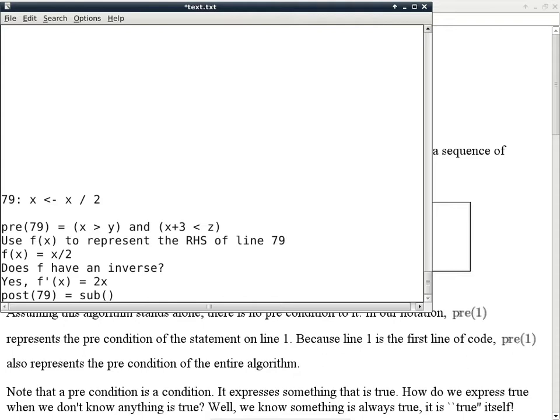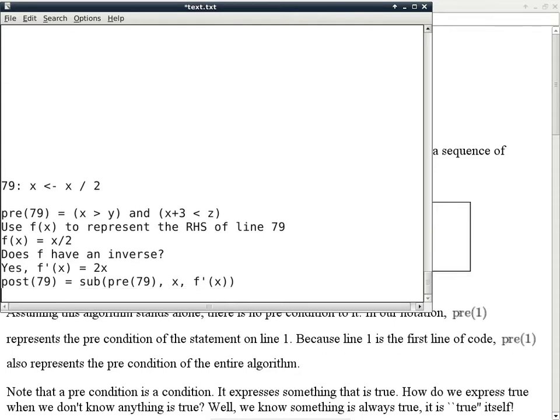So in this case, we are looking through the precondition of line 79. We look for x, which is the left-hand side of the assignment statement, and we replace it by f prime, the inverse function applied to x. You will see this over and over again. So I'm going to comment here and say what that means. I'll use a pound sign to say this is just a comment; it's the common notation for most scripting languages.